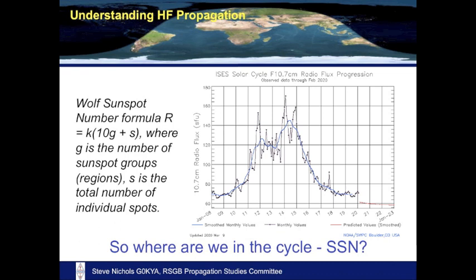If we use the Wolf sunspot number formula, you basically get 10 points for every sunspot group that there is on the Sun, and 1 point for every sunspot. So if you had one sunspot on the Sun, you'd have one group, so that's 10, plus the one sunspot that's in that group, so the sunspot number would be 11.